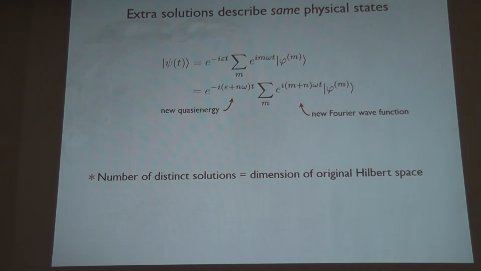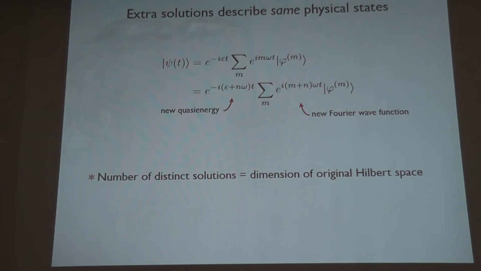Well, the fact is that they're not all independent of each other. In fact, if I had an n-dimensional problem when I started, I'll only find n distinct physical solutions when I go back to writing the actual state of the system. So to show you, here's this Floquet ansatz wave function with quasi-energy epsilon and some harmonic expansion.